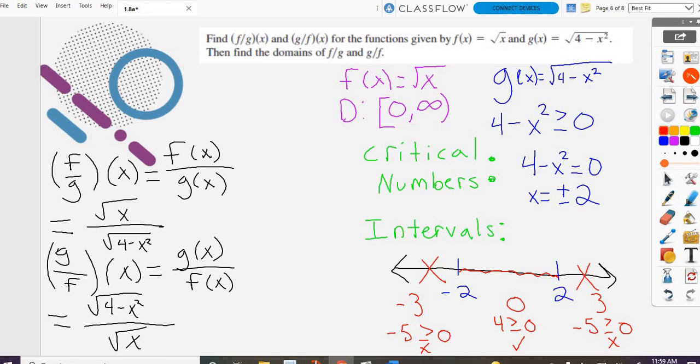Alright, so we said that this interval is what makes it work. So we know that our domain is going to go from negative 2 to 2, but then we have to decide, are negative 2 and 2 included in our domain?